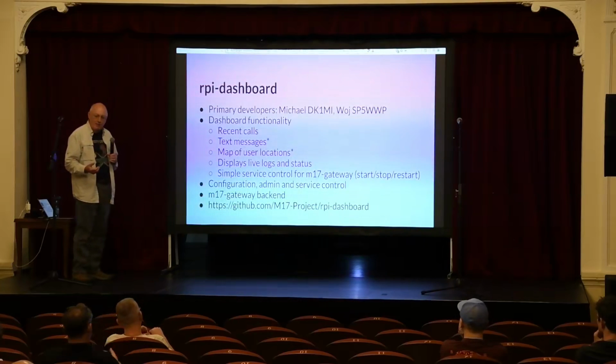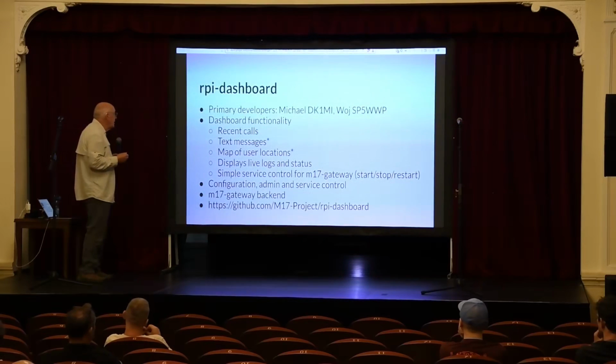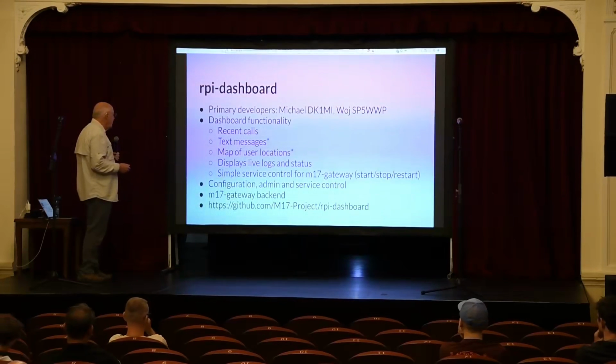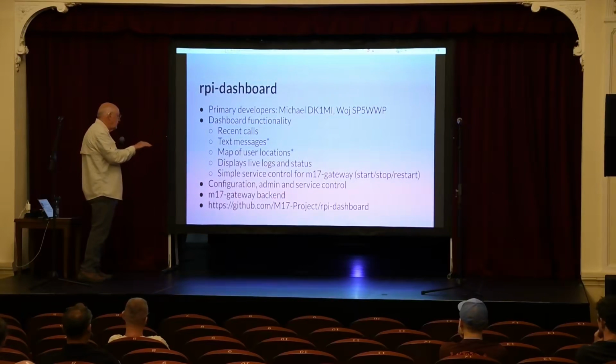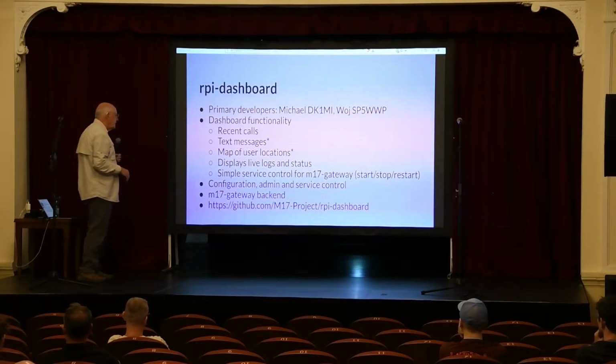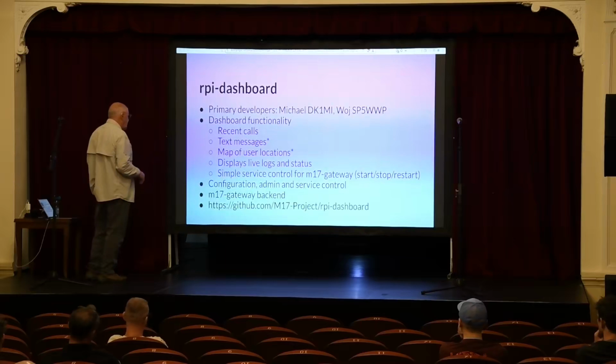You can set it up, enable that to transmit GPS coordinates of your location, and then the dashboard will show that on a map. You can see logs and status. You can do configuration and basic service control.